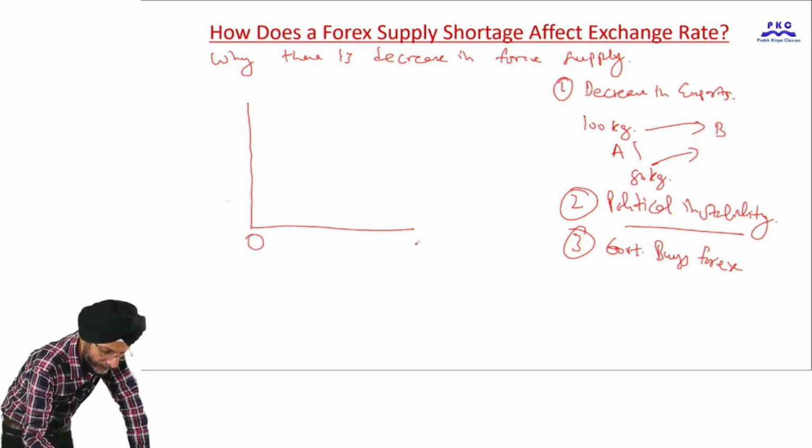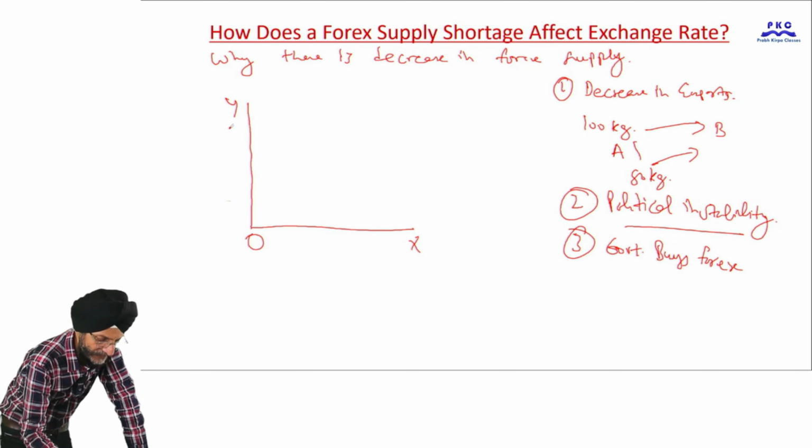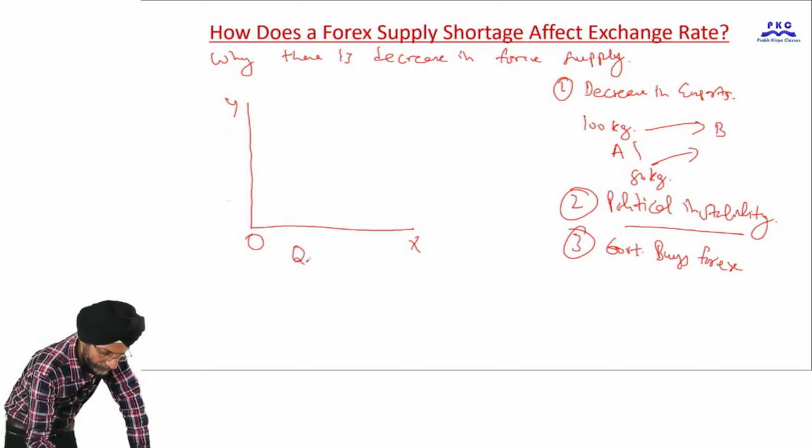So as you know, OX is the X axis, OY is the Y axis. On OX, the X axis, we will study quantity of forex, foreign exchange supplied.